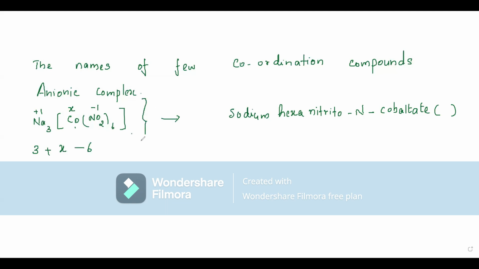Then the charge on the net complex is 0. So, 3 plus X minus 6 is 0. X minus 3 is 0. X is equal to +3. This +3 should be written in Roman numeral. So the name is sodium hexanitrito-N cobaltate(III).